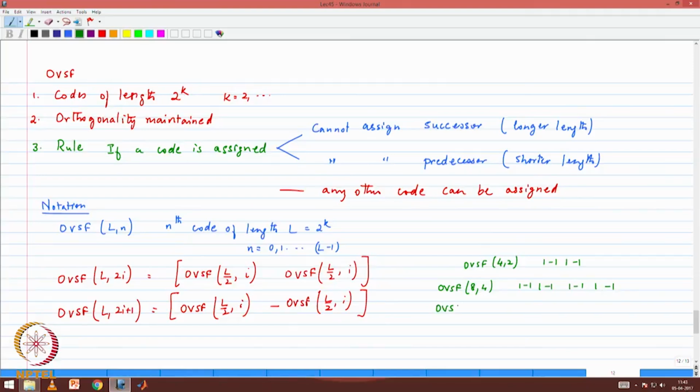It will also give me OVSF 8 comma 5, which will be 1, minus 1, 1, minus 1, minus 1, plus 1, minus 1, plus 1, basically that sequence flipped. So from here we have obtained this set using the formula given on the left.